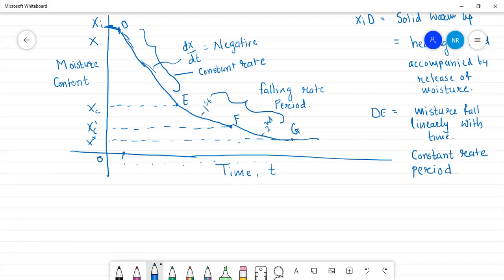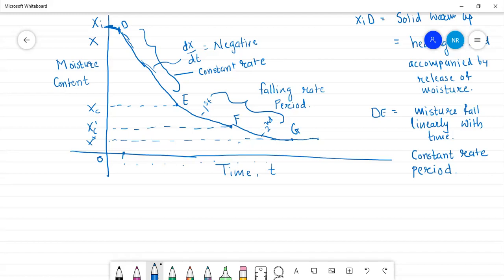Now, what the graph suggests is that whenever we do the batch experiment, the moisture decreases with respect to time and follows the same curve. This is the surface moisture removal, and E to G is where the capillary or inside moisture is being removed.